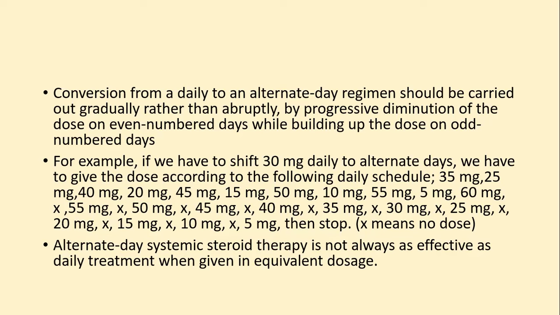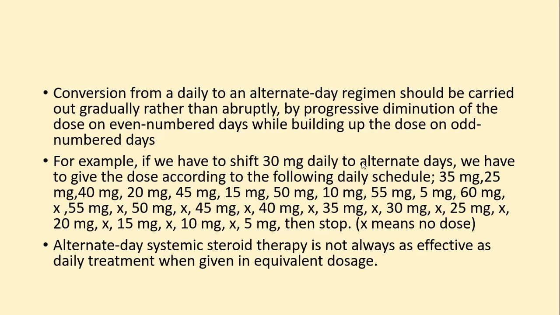So I will give you an example of how we can convert daily dose to alternate day dose. For example, if we are giving a patient 30 milligram of prednisolone daily and we intend to shift this 30 milligram to alternate day dose, what you will do is increase the dose by 5 mg on one day and decrease it by 5 mg on the other day.